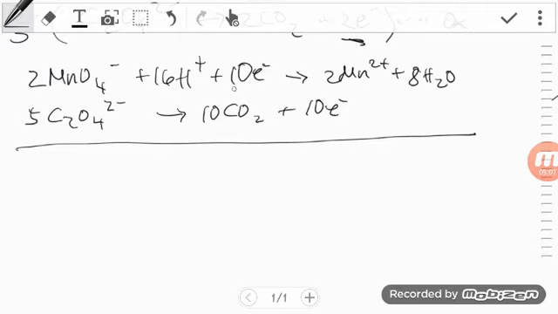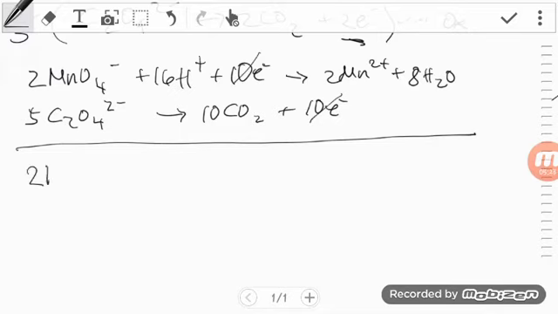So we're gonna cancel the electrons since they are of equal amount but on separate sides, so we cancel that out.